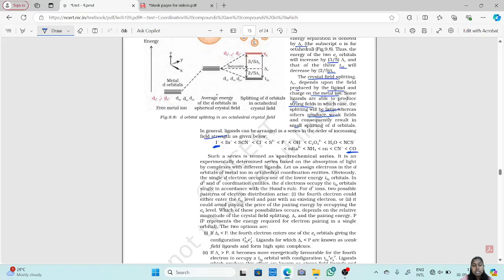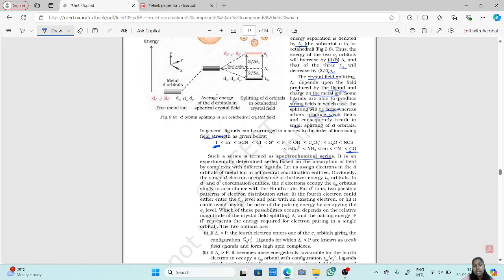Such a series is termed the spectrochemical series. So from I it increases till CO, in increasing order. It is an experimentally determined series based on the absorption of light by complexes with different ligands.